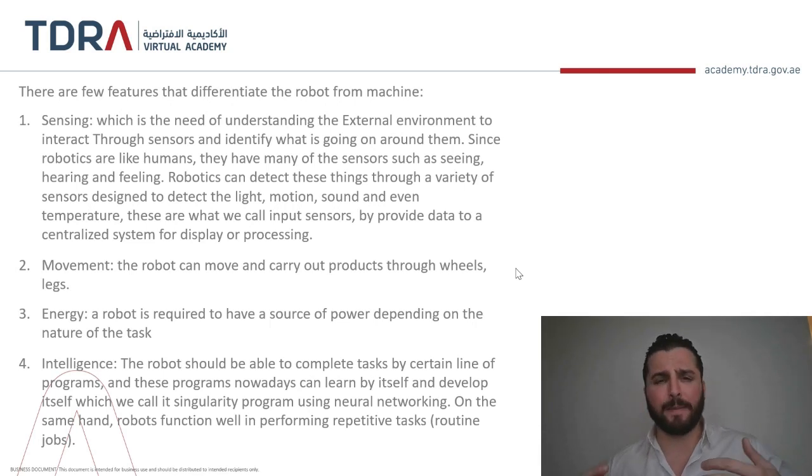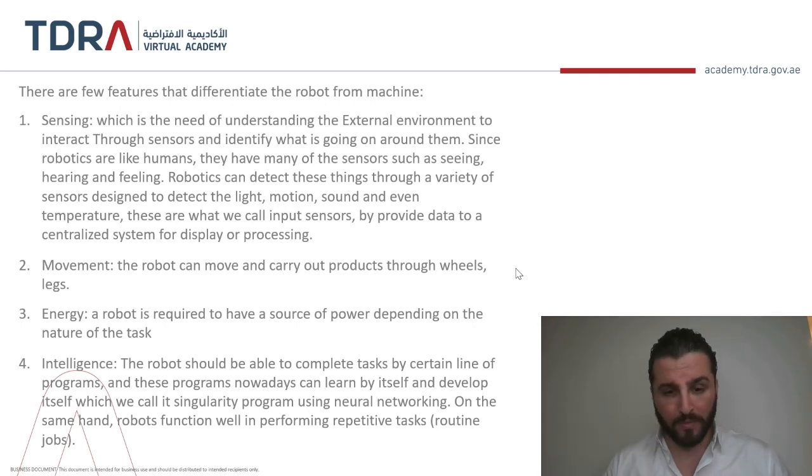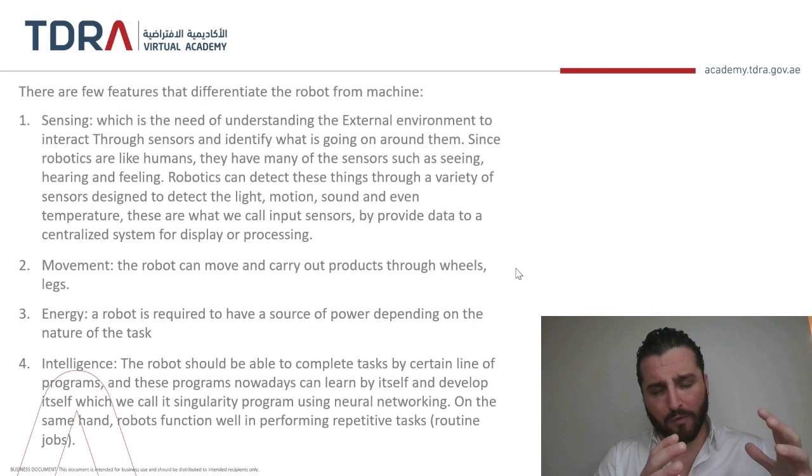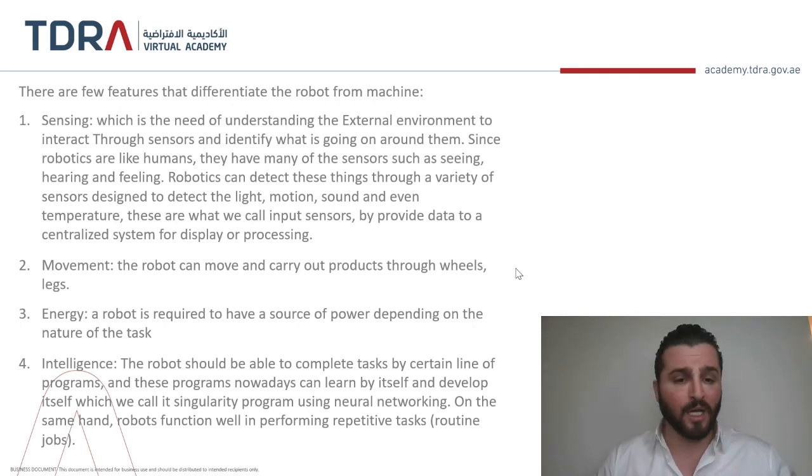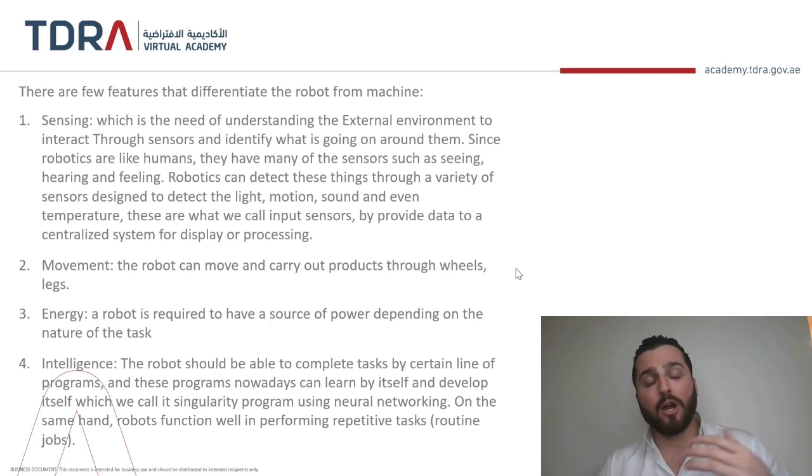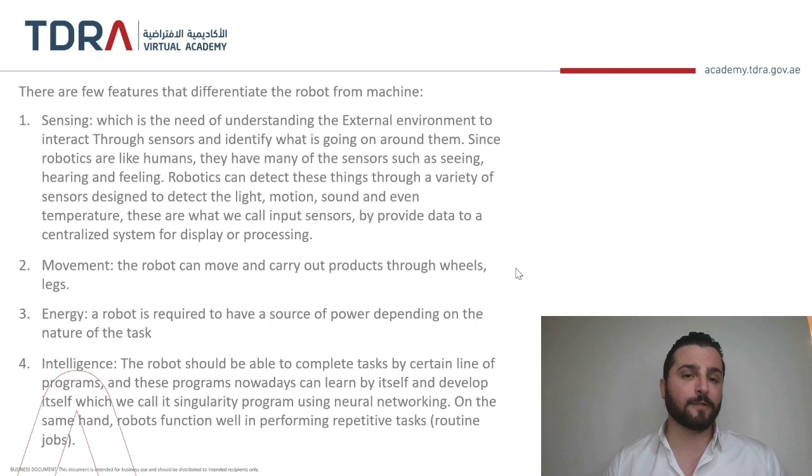And now people, companies and entrepreneurs around the world are working to reach what we call the singularity program, which uses very complicated convolutional neural networks and different kinds of extreme machine learning algorithms to build a mind, an intelligence that will learn by itself and will develop different functions accordingly.